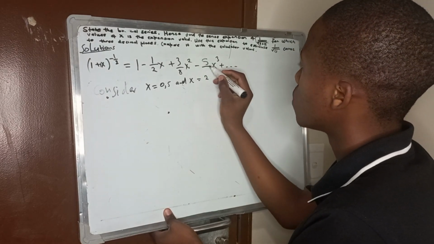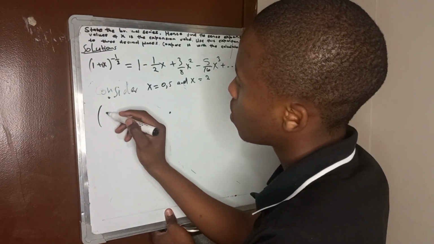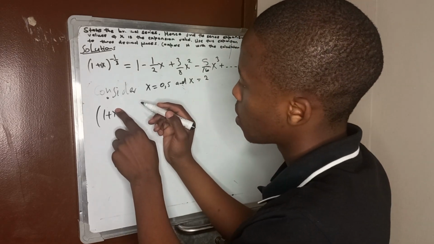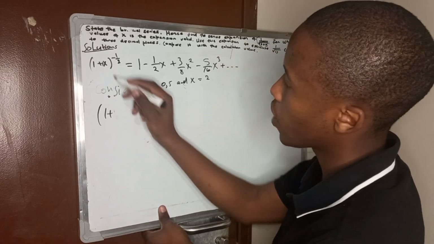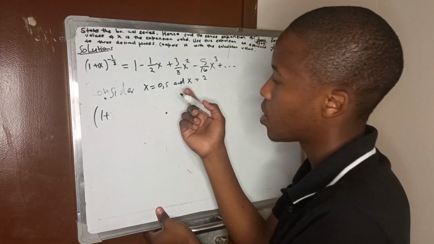This was -1/2. So 1 plus x, I'll just use the substitution. In the place of x, now I'm substituting 0,5, which is the same as 1/2.